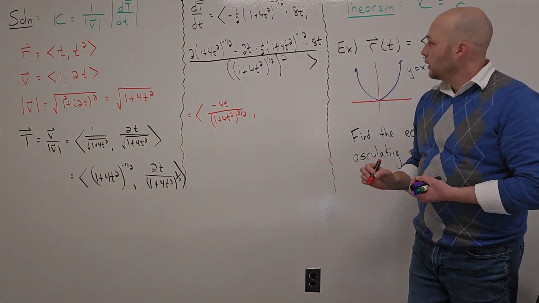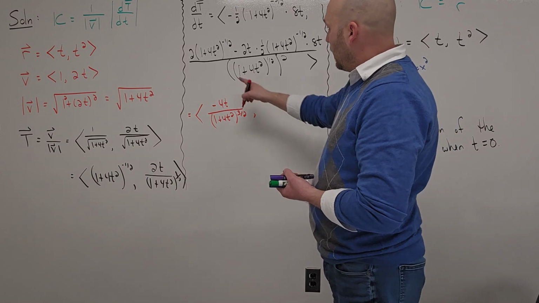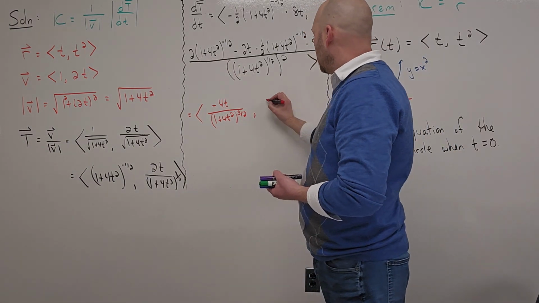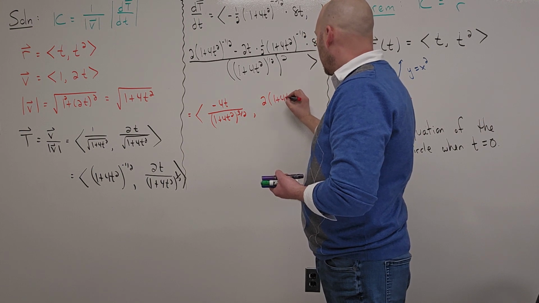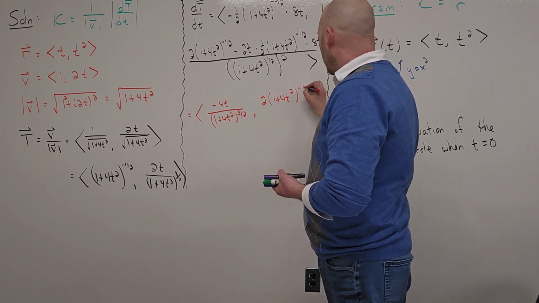Second component here, this is going to be 2 times 1 plus 4t squared to the negative 1/2.